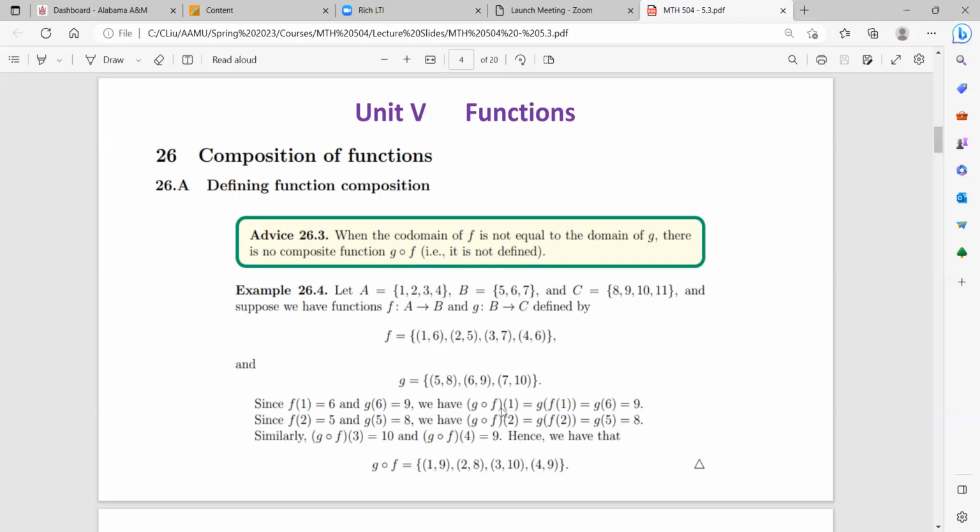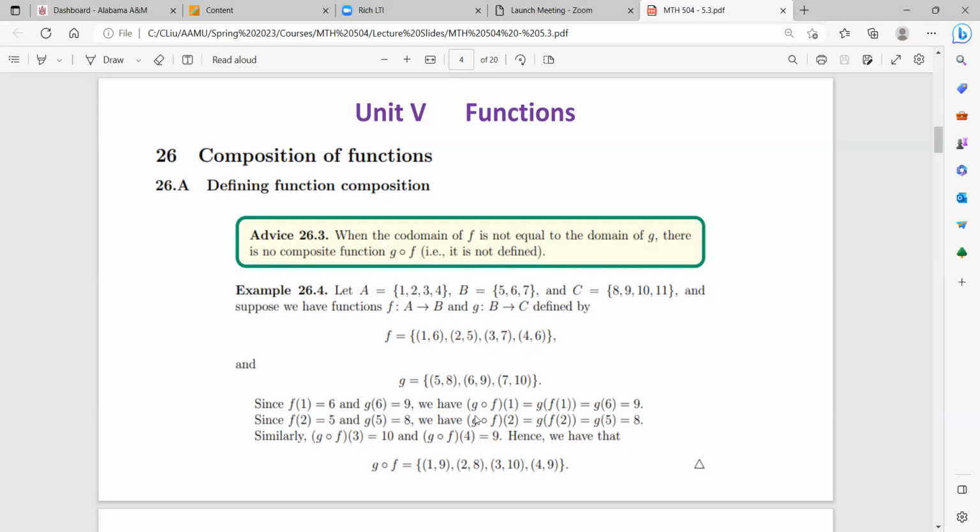So the composition of G with F at 1 is just 9, or you can write that as G of F of 1, which is G of 6.